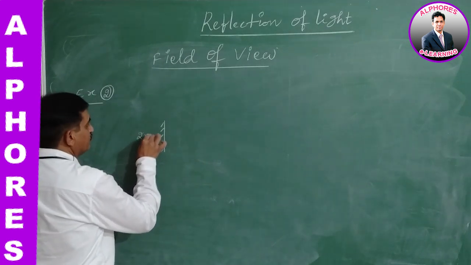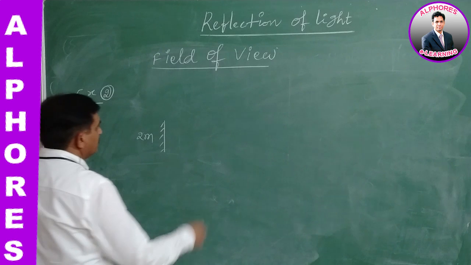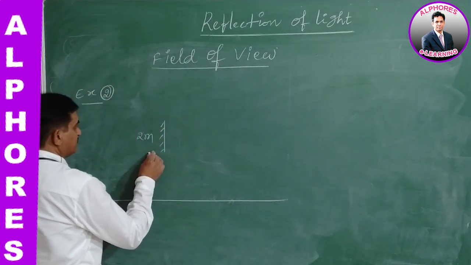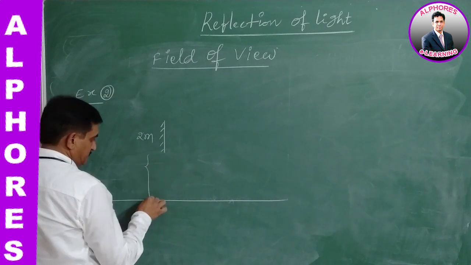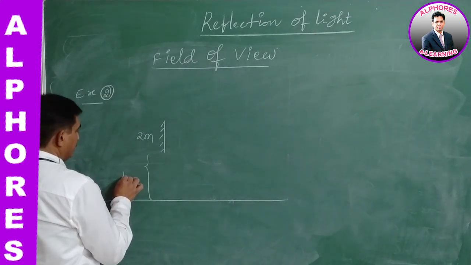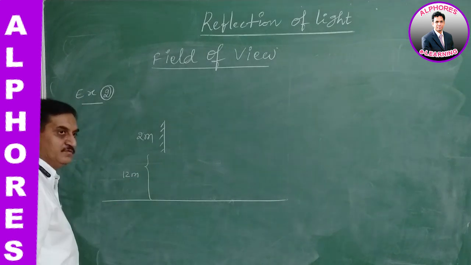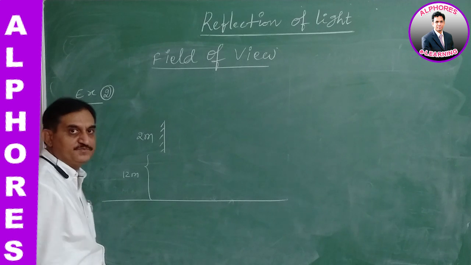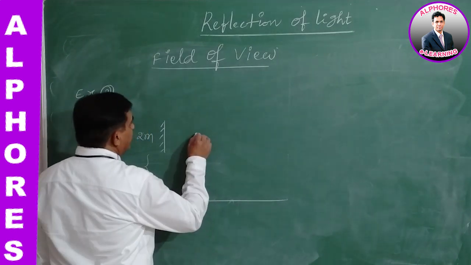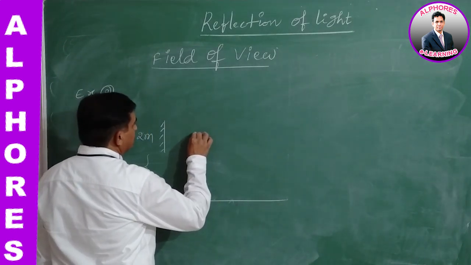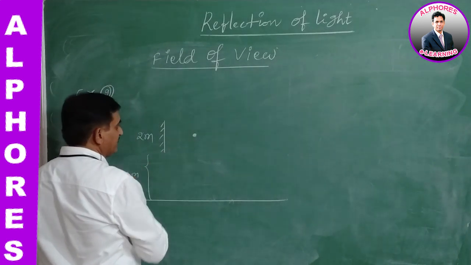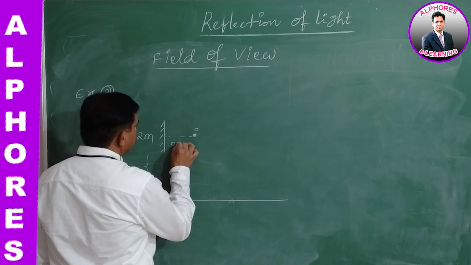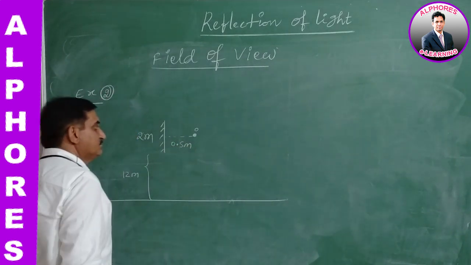Its length is 2 meters, which is kept at a height of 12 meters from the ground. Means its lower edge is at a height of 12 meters from the ground, and an object is kept symmetrically to this plane mirror at a distance of 0.5 meters.